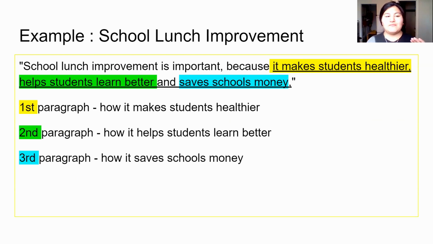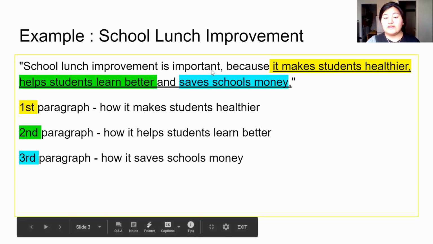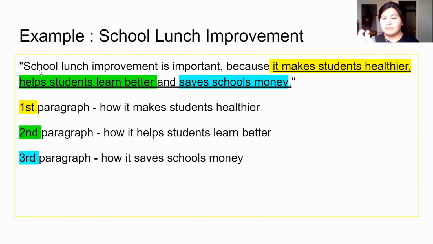So if my topic is school lunch improvement, an example of my thesis statement could be: school lunch improvement is important because, so here's me restating the topic, and then right here, I've highlighted my first example, my second example, and my third example. So examples or reasonings.